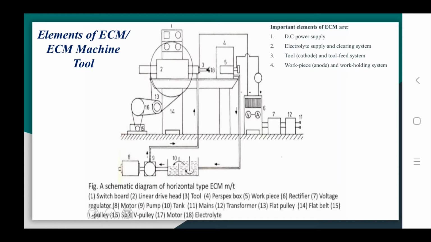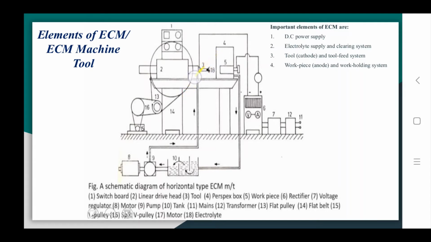Here this is a schematic diagram of an electrochemical machining process. Here you can see the power supply. This is the main switch, this is the power supply. So current is applied. Then this is your tool.